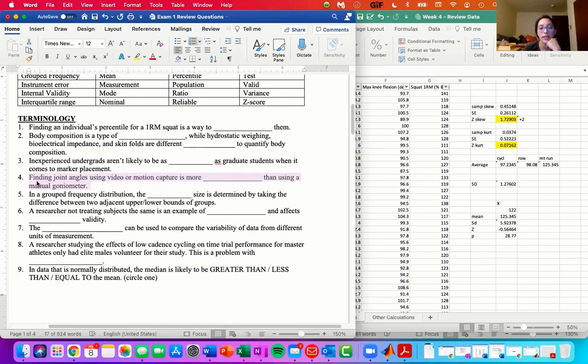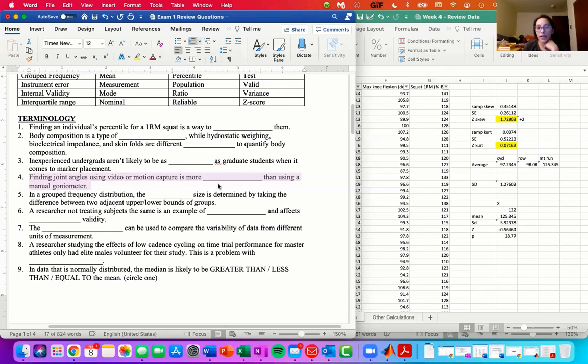Same thing for number 4. Finding joint angles using video or motion capture is more blank than using a manual goniometer. Typically, we would say using equipment of any kind is going to be more objective than using human measurement, in terms of you're making a judgment call on what you think the measurement is.